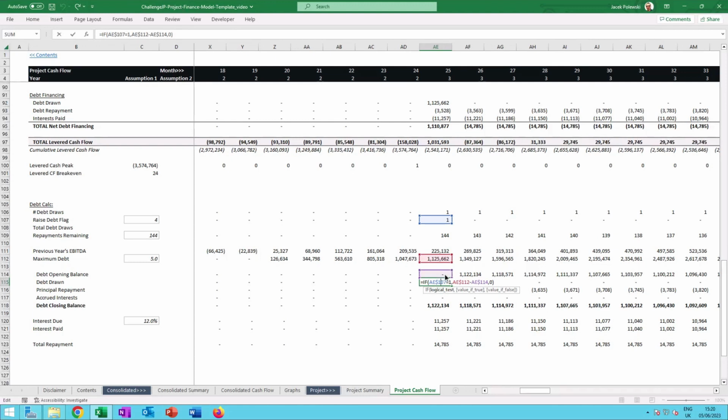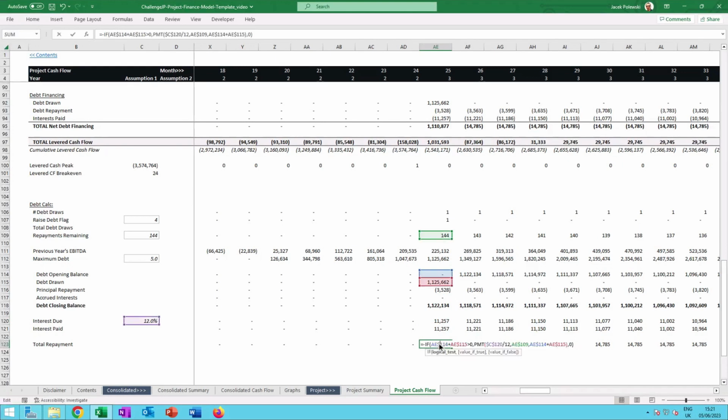It's 0 in this case. So it's basically saying, okay, I can draw the full amount in here. Then the remainder is a calculation of the principal repayment and the interest. So let me show you very quickly the calculation of total repayment, which will drive those two figures, the interest and the principal.